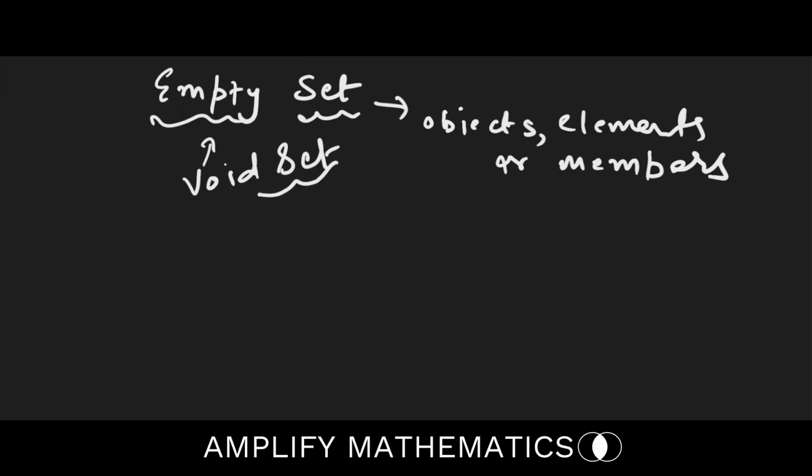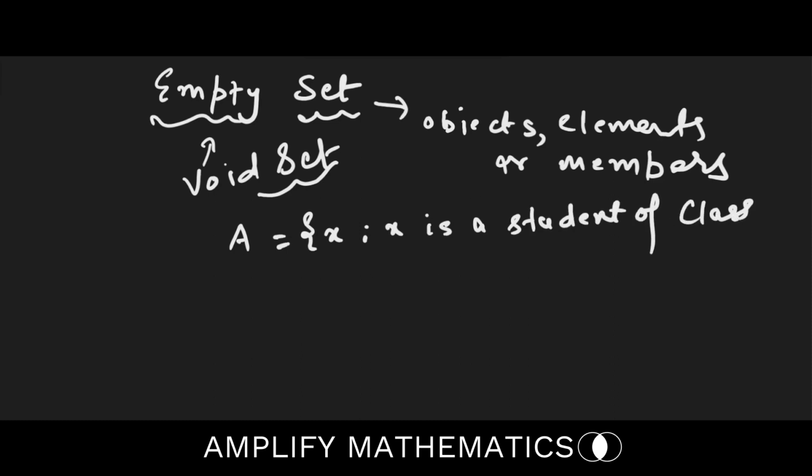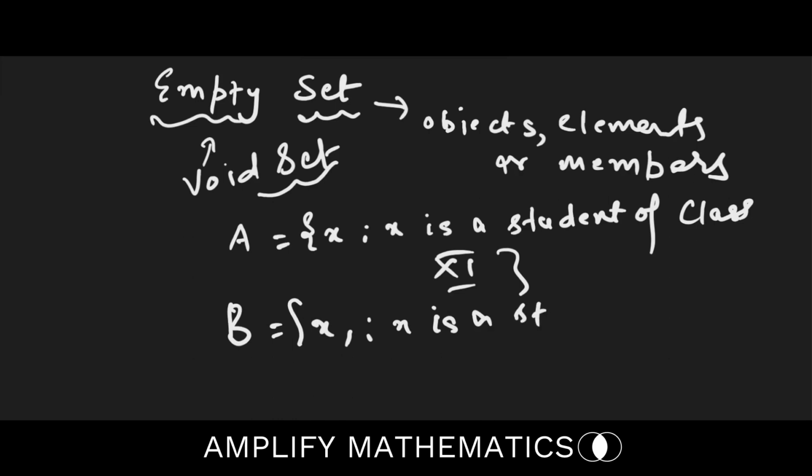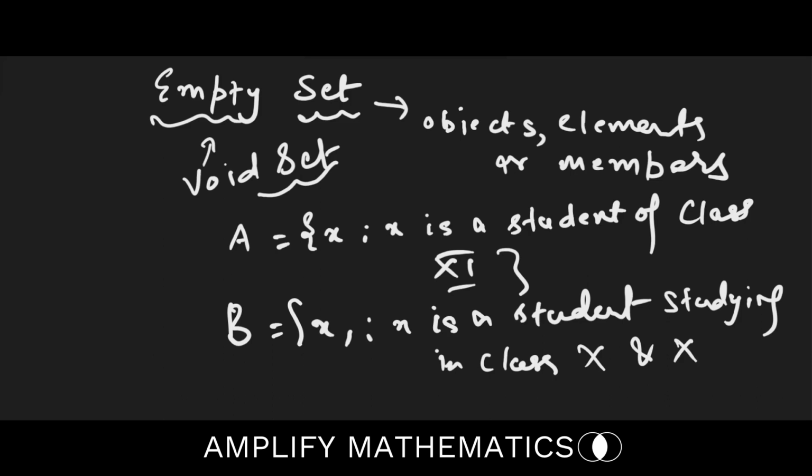Here is an example. For example, this is a set where x is a student of class 11th. And the second set is x is a student studying in class 10th and 11th.